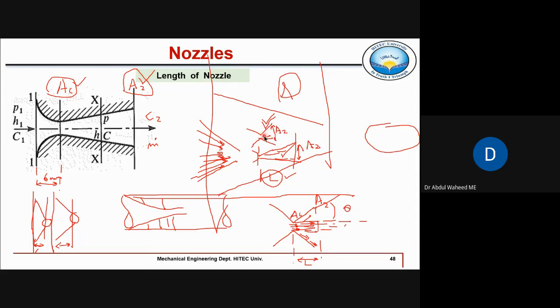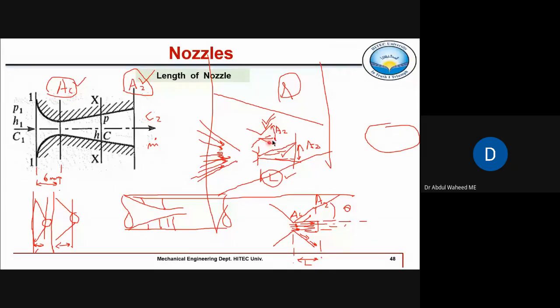And also there is one more phenomenon, which is known as flow separation. Here, when the fluid leaves this convergent section, it will already be at a very high velocity. Now there will be a flow separation within this space because the fluid cannot occupy this whole space.